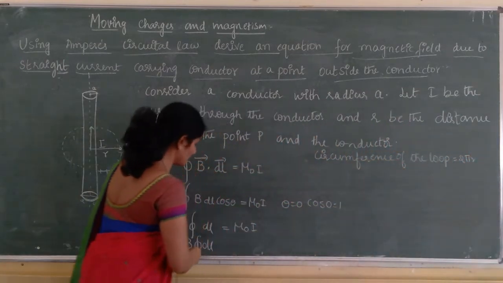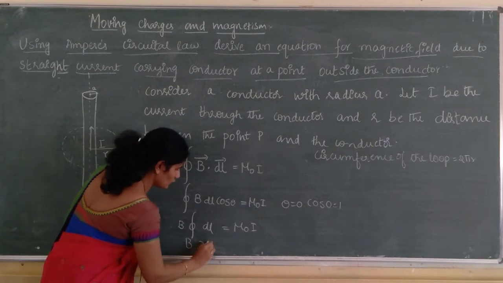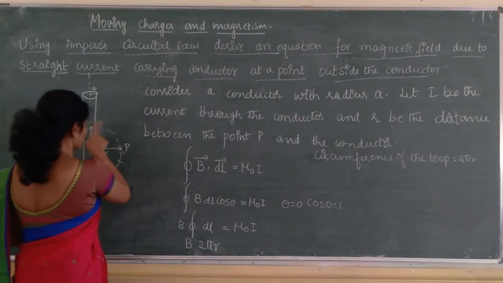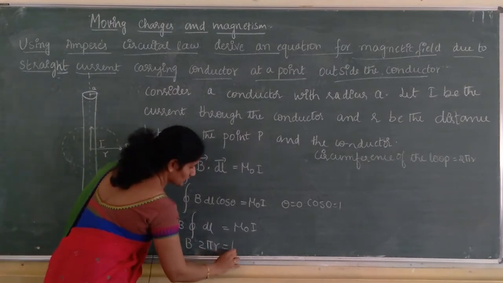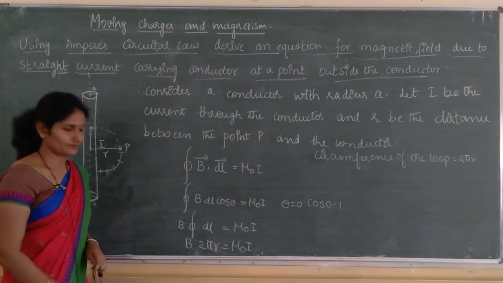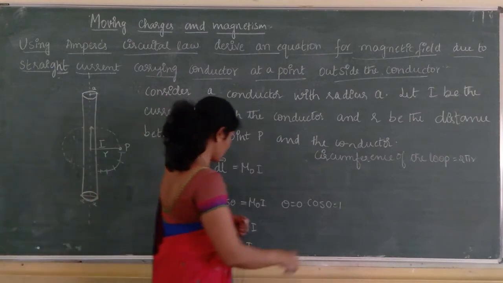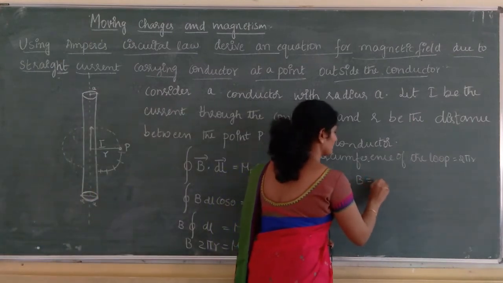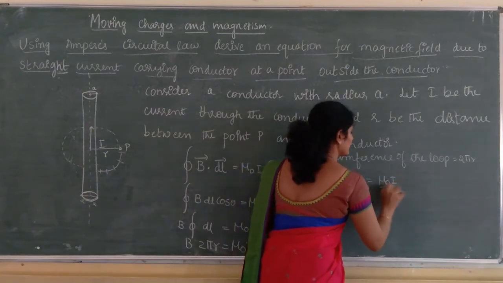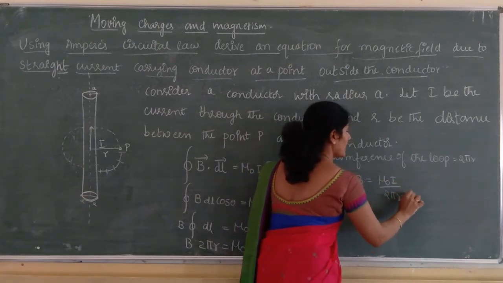So, the integration of dl is nothing but 2 pi into r, because r is the radius of this loop, and that is equal to mu naught into I. So, B is equal to mu naught into I divided by 2 pi r.